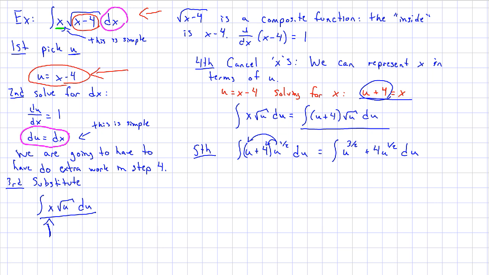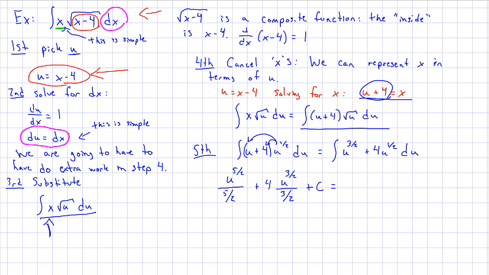So I want to be clear about what we've actually achieved in this problem. I will use the inverse power rule to take these antiderivatives. So 3/2 plus 1 is going to be 5/2. So I have u to the 5/2 divided by 5/2 plus 4 times u to the 3/2 divided by 3/2 plus c.